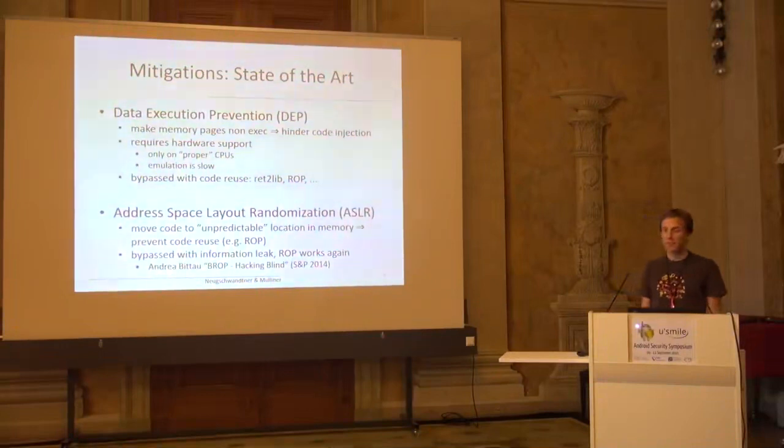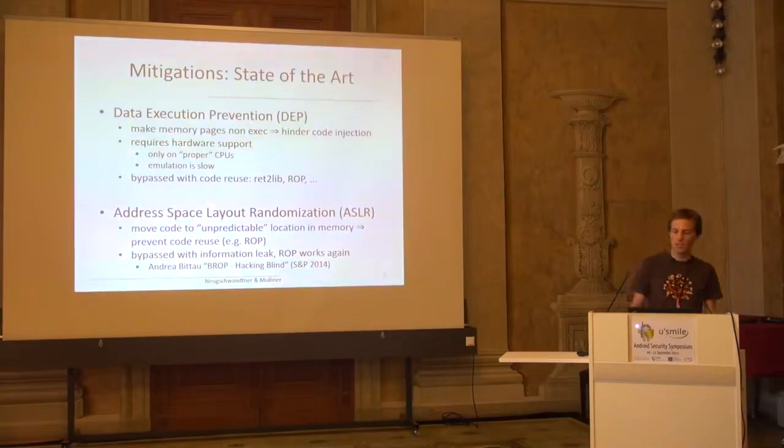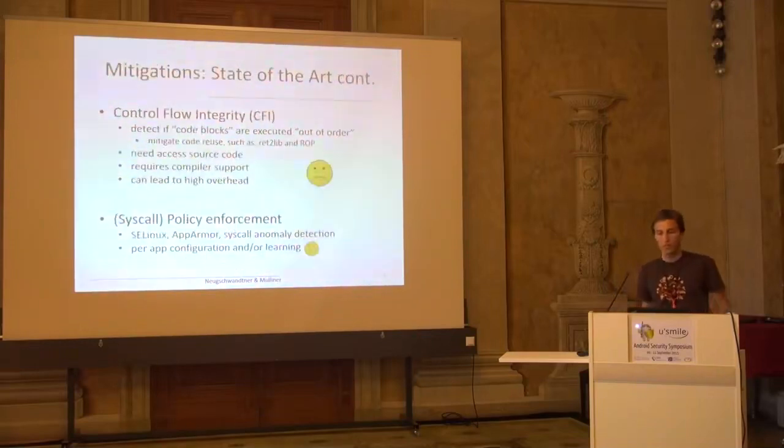It can also be bypassed to some extent using code reuse techniques such as return to library or return-oriented programming. Then there's address space layout randomization, which basically moves code to an unpredictable location in memory so that it can't be exploited using code reuse. This can again be bypassed, although it's hard, using information leaks, and so return-oriented programming works again.